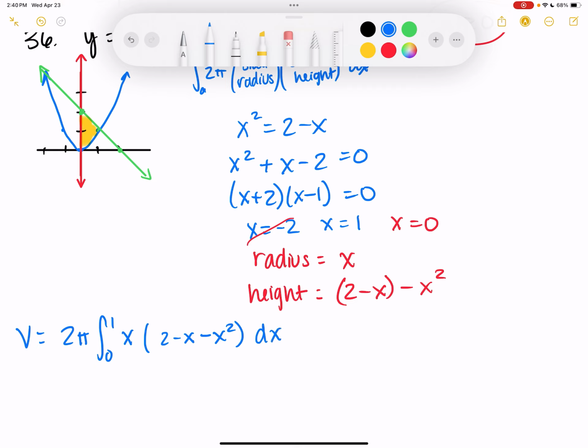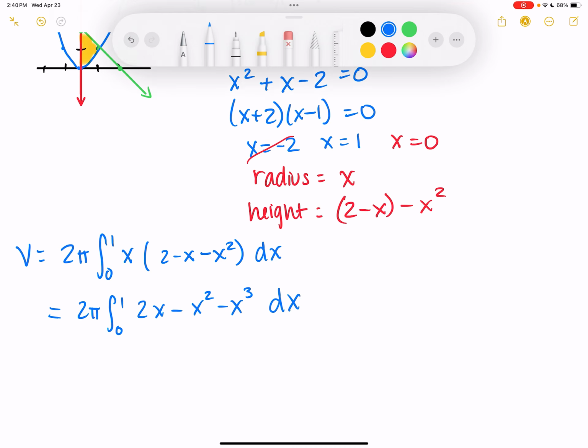So that ends up being 2 pi times the integral from 0 to 1 of 2x minus x squared minus x cubed dx. And then now I just have to integrate this.